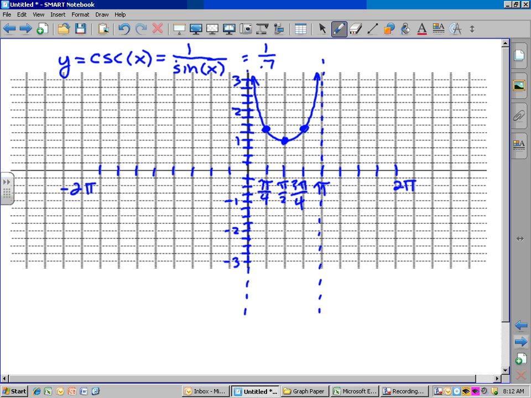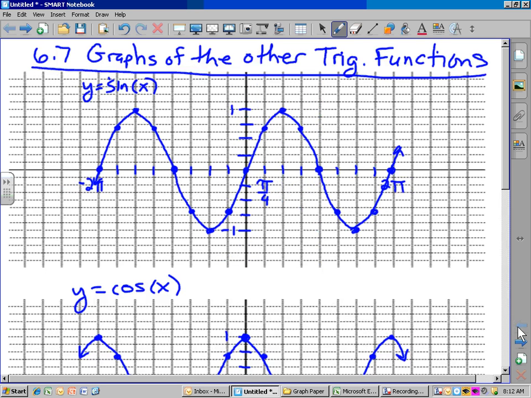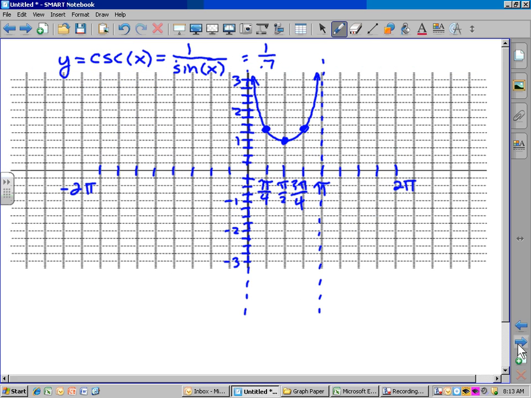Now, that pattern is pretty much the same. We have to repeat it in the negative now. If you look at our next point, which would be 5 pi over 4, what's now my value? Negative 0.7. So we have 1 over negative 0.7, which is going to be negative 1.4.